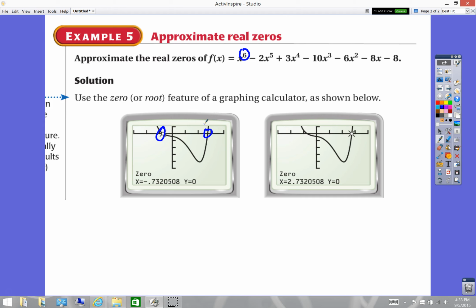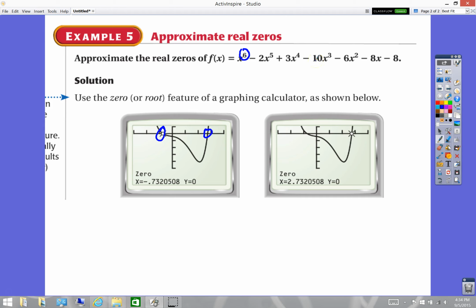Now, how many imaginary zeros would there be? There would be 4, right? Because if there's 2 real and a total of 6, then there would have to be 4. Now, if we wanted to do how many positive and how many negative, I could look at this here and say, let's see, there would be 1 change of sign, 2 changes of sign, 3.